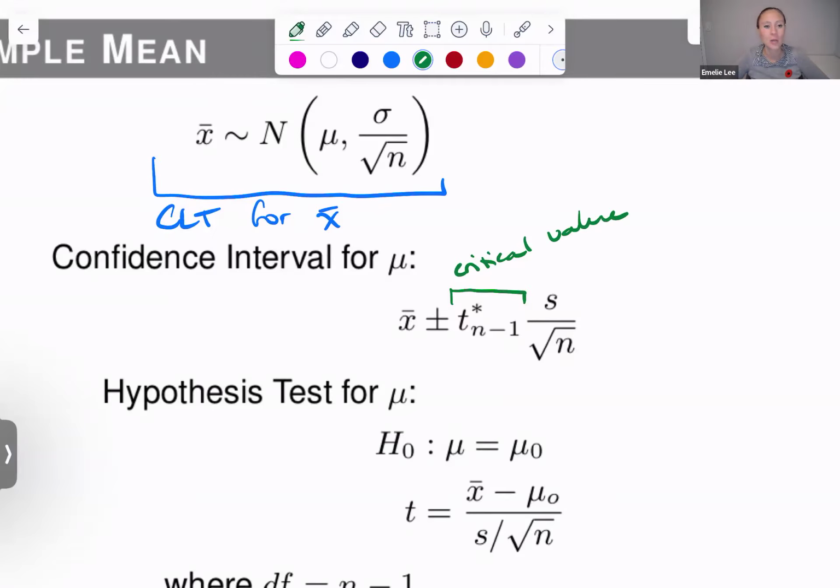But for now, let's just take it at face value. It behaves the same way as Z. It determines the width of my confidence interval, times the standard error, which is S over root n, my best guess at sigma over root n. So it has the same layout as before: a point estimate plus minus a critical value times the standard error of the point estimate.